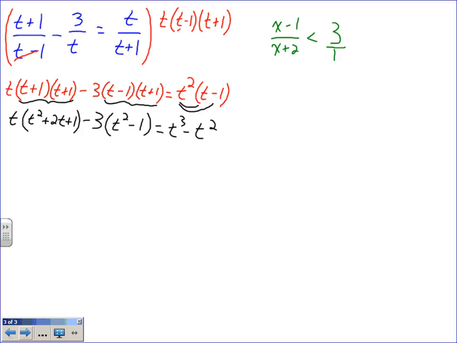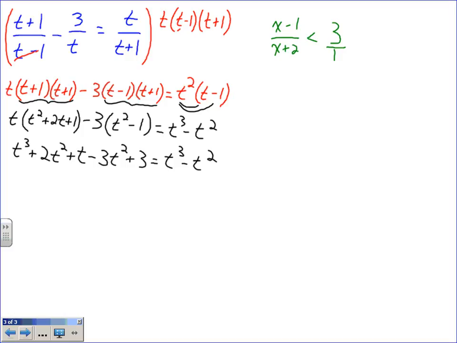Distribute the t, and I get t cubed plus 2t squared plus t minus 3t squared plus 3 equals t cubed minus t squared. So it's really not that bad. It takes a little time.